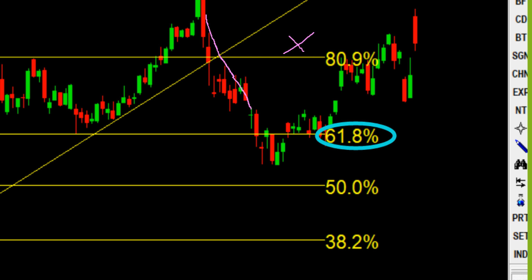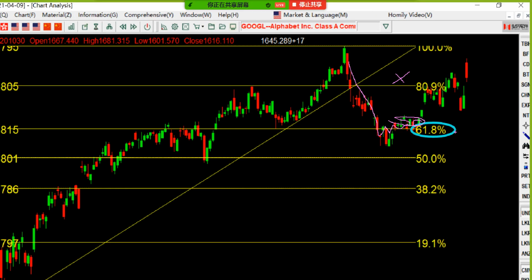Then it drops down and touches the 61.8, then it can rally up, or you can find a stronger green candlestick. They will buy around here. You see? So according to the chart, yes, now it's a good buy point according to 61.8% for the Google chart, right?